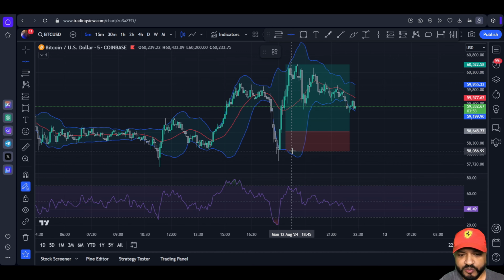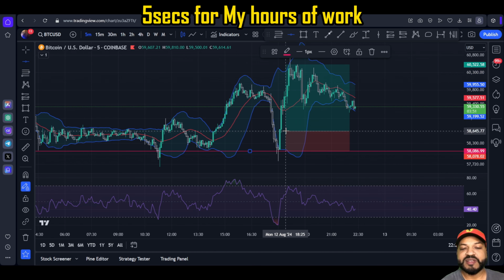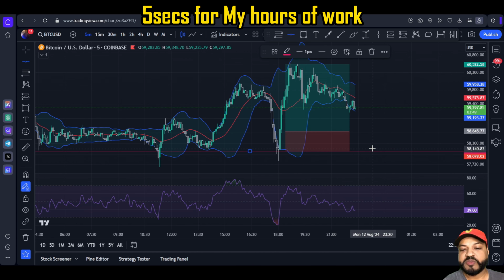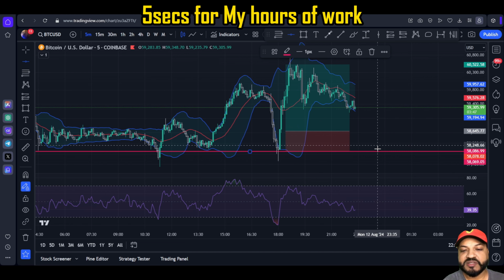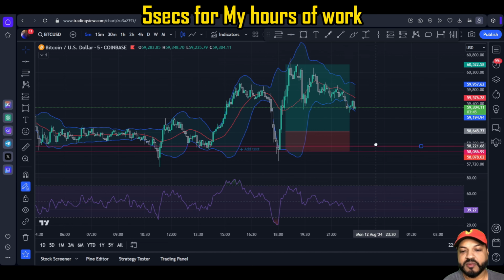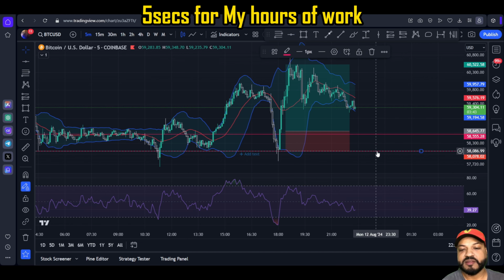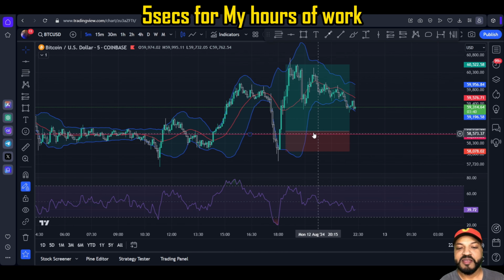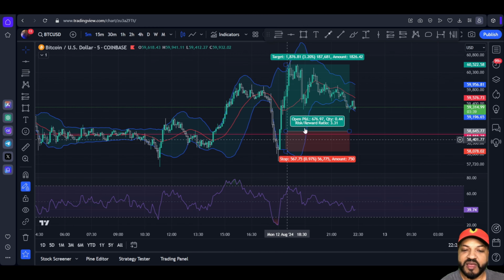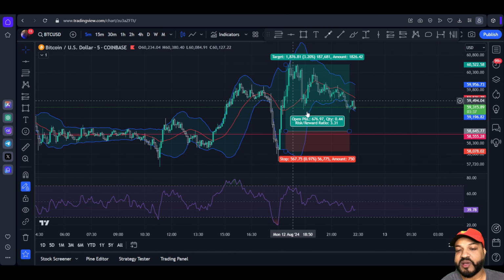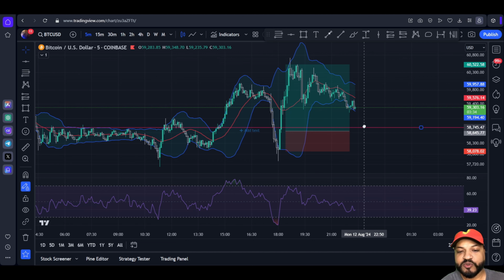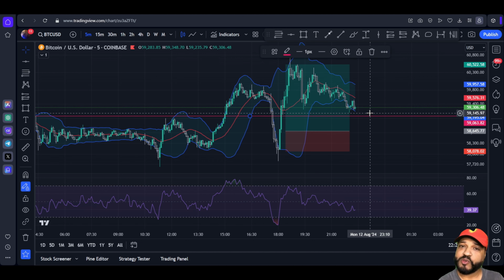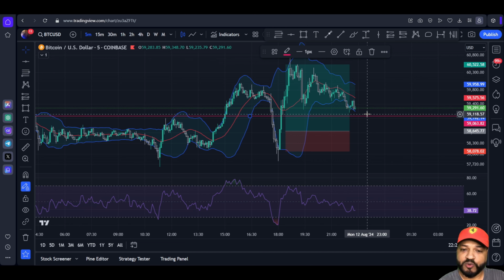You put your stop loss over here, but as soon as this candle completes, you move it up. Sometimes that happens. So you put your stop loss over here, and then once this candle goes above, you again push your stop loss over here.